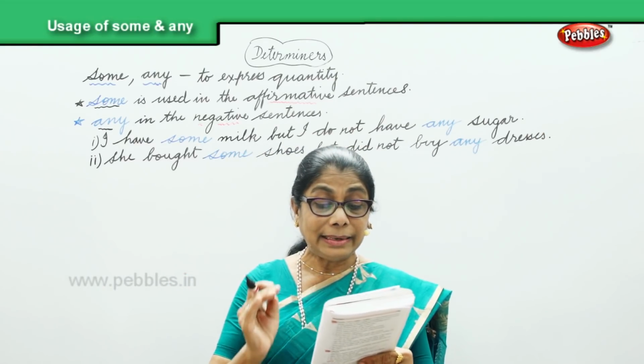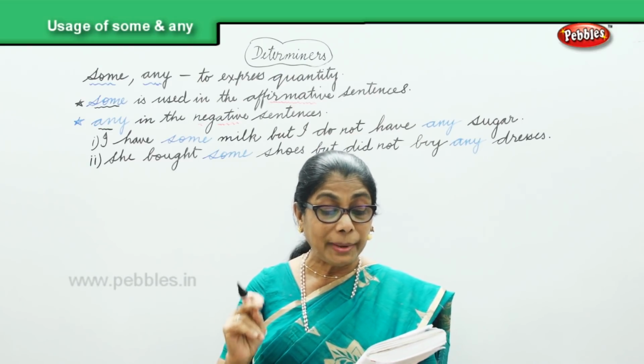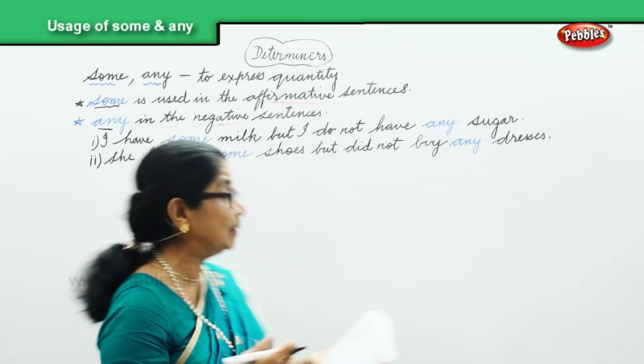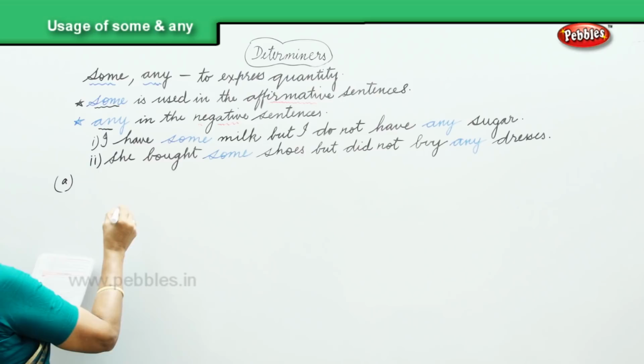In the A category, some is used in interrogative sentences when making polite requests. So, what do they say about the A category?